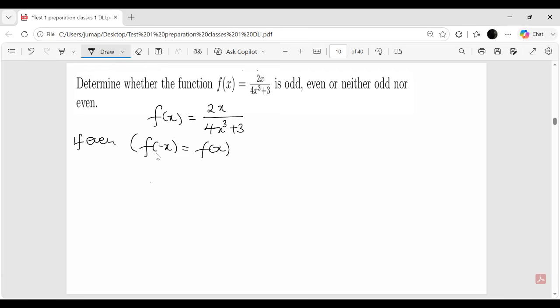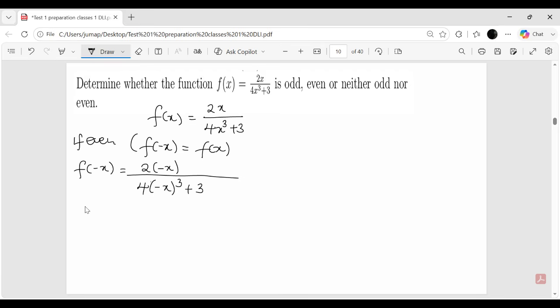Now what about f of negative x? Where there's x, I'll replace it with negative x. So it's going to be 2 open brackets negative x over 4 negative x to the power 3 plus 3.